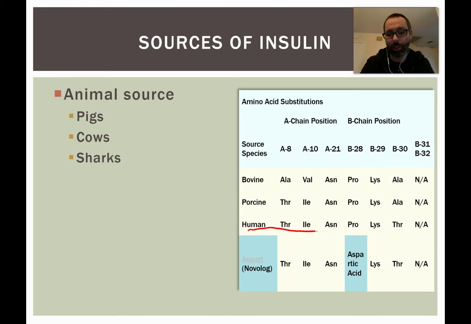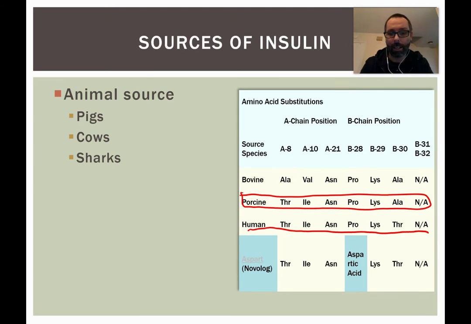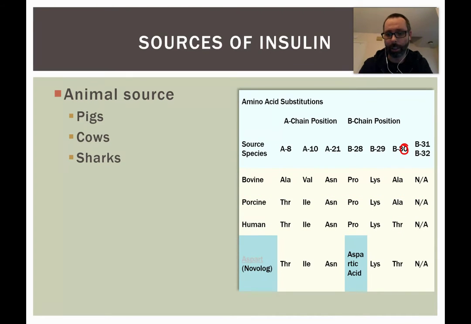So down here's the human sequence, just some of the amino acids. Hopefully you'll remember the 3-letter abbreviations. You don't have to remember what they mean, but these are in fact amino acids, right? Porcine here means pig, and you'll notice that the pig insulin is exactly the same except for right here, which is at the 30th amino acid on the beta chain, which you don't need to know.